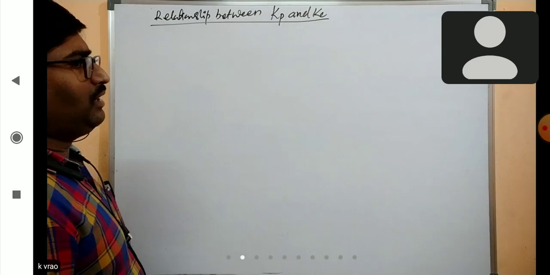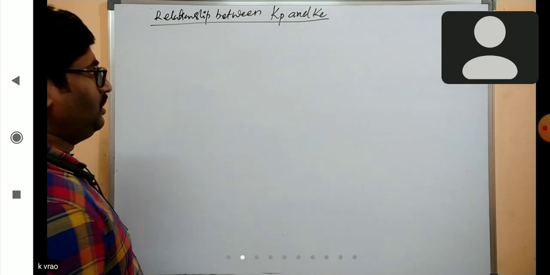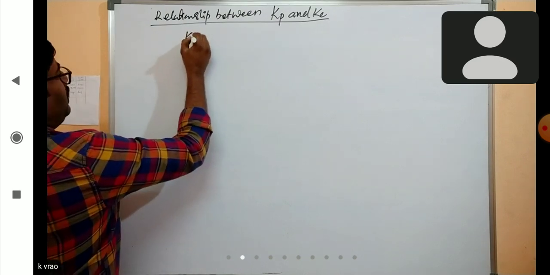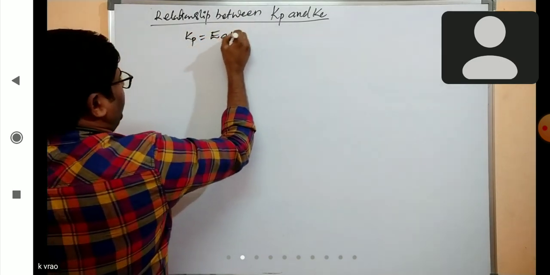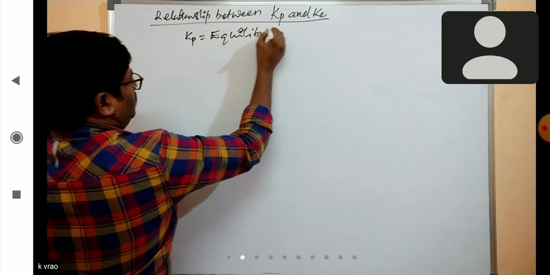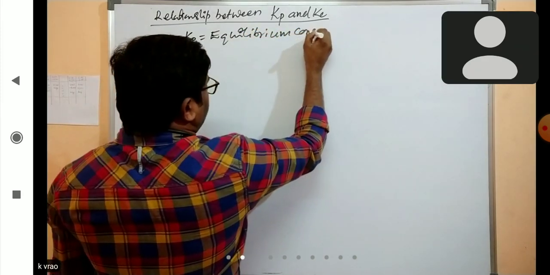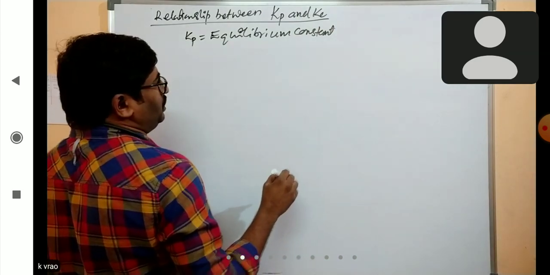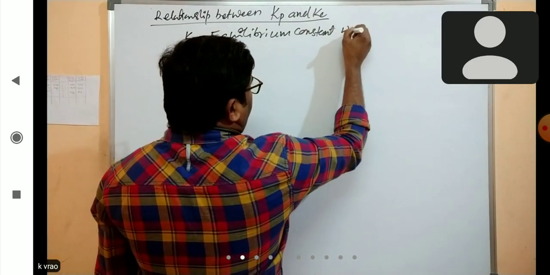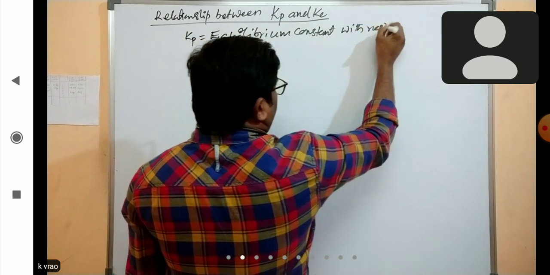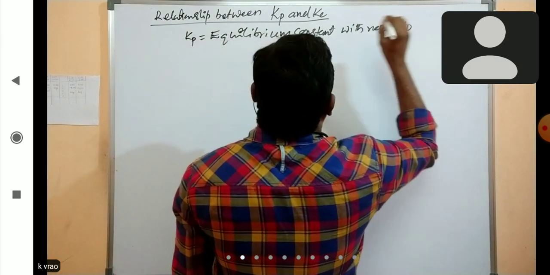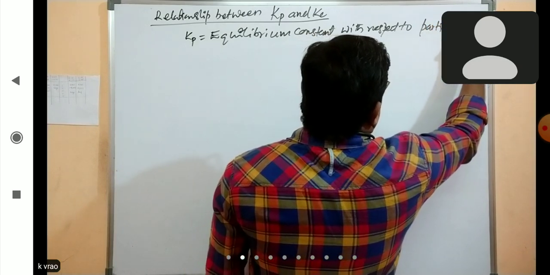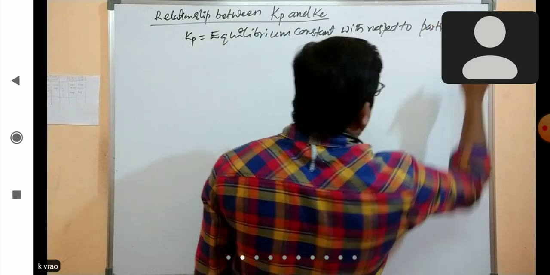Relationship between Kp and Kc. We know Kp is equal to equilibrium constant with respect to partial pressure.